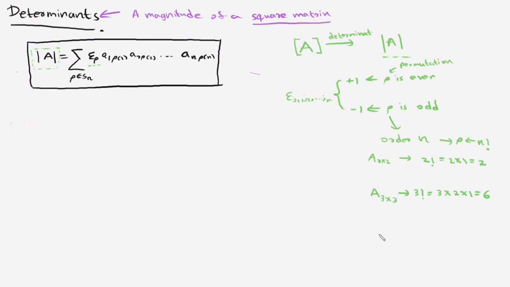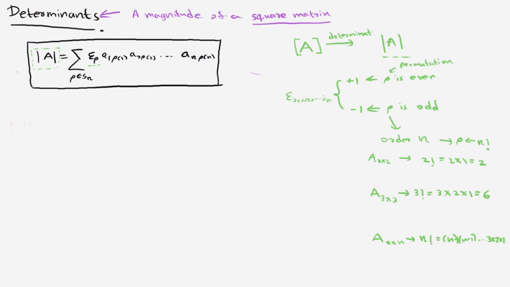So likewise, for an n square matrix, there will be n times n minus 1, so on up to 3, 2, 1. So those are the permutations, and depending on the corresponding permutation count, we generate this specific sign, plus or minus. Okay, I think that is enough to understand the formula, and it will give a better understanding if I take an example.